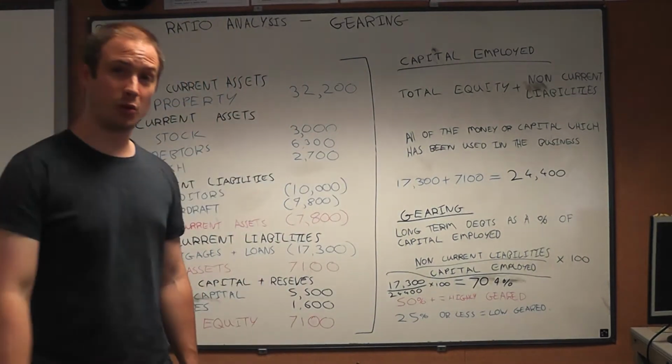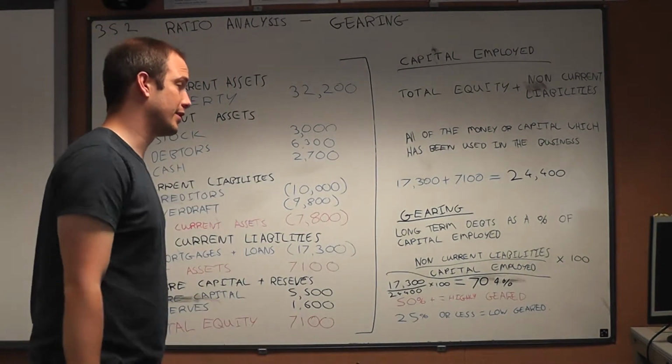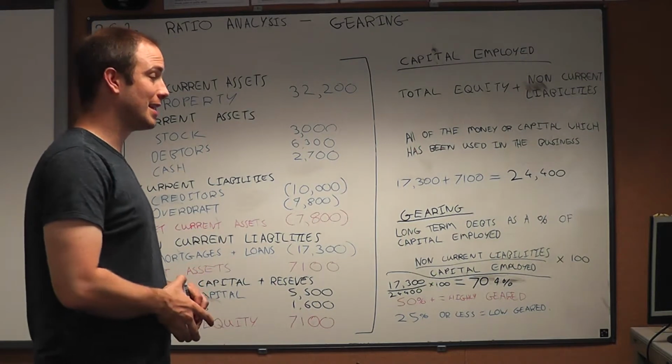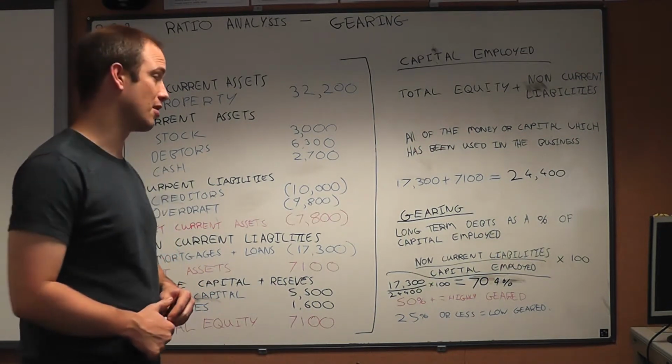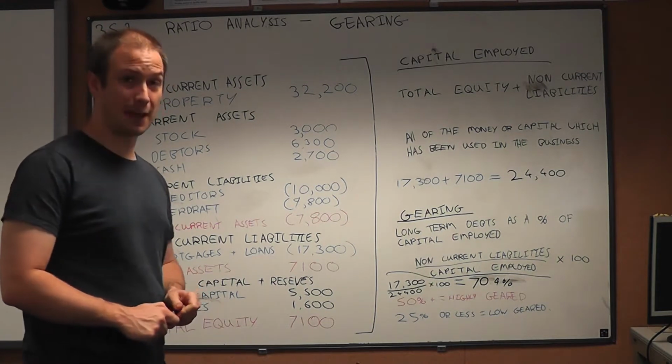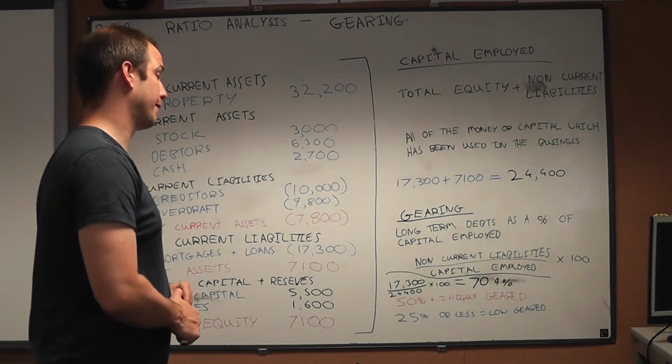This means that of all the capital employed that goes into this business, 70.9% of that is long-term debts. So the business has borrowed a significant amount of money in order to function.